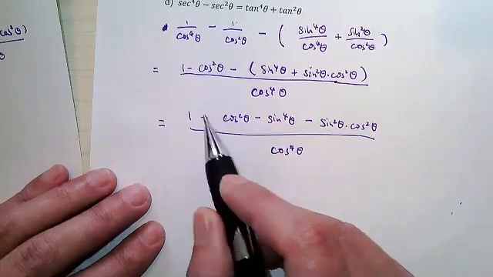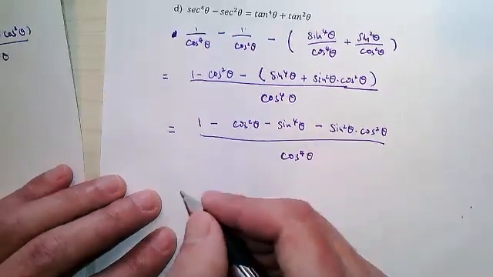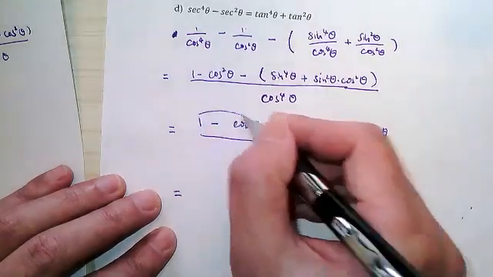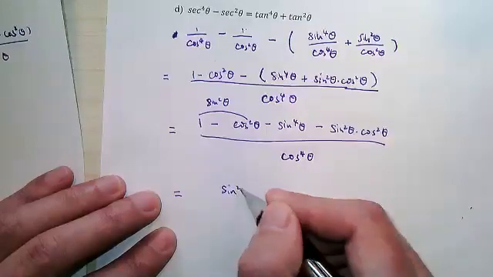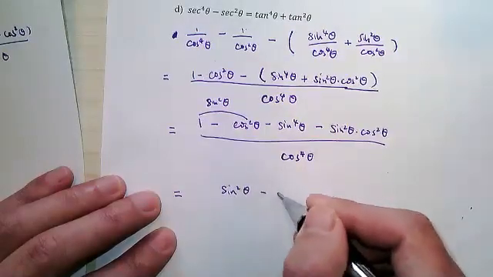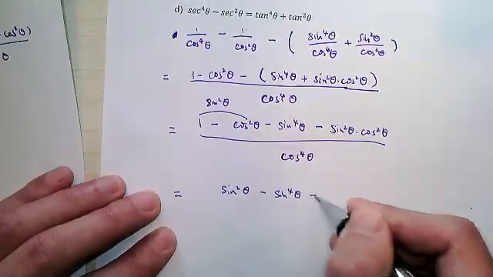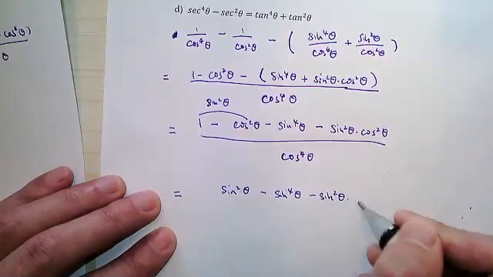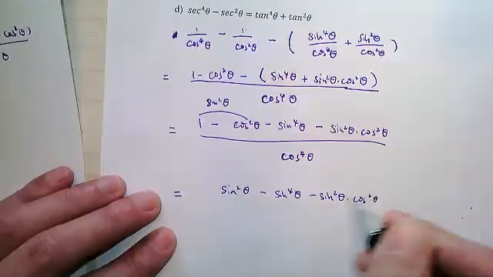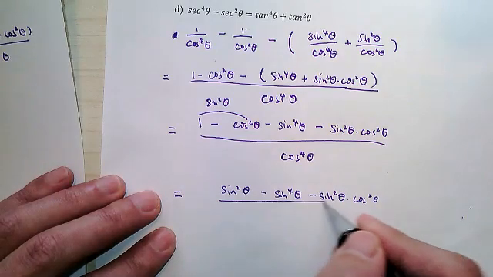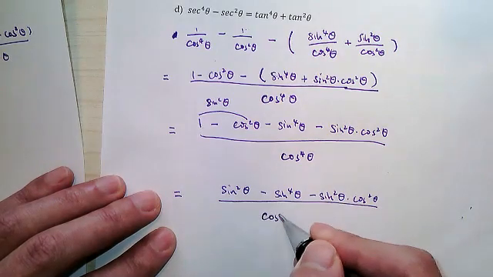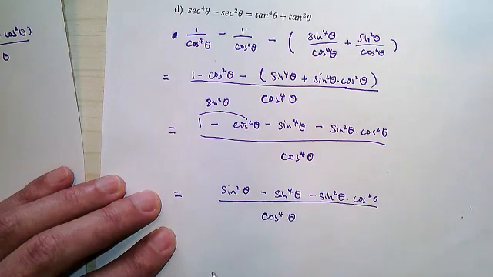Great, that's the Pythagorean theorem. Let's do the Pythagorean theorem here. So this guy becomes sine squared theta. So you have sine squared theta minus sine to the 4th theta minus sine squared times cosine squared over cosine 4th theta.